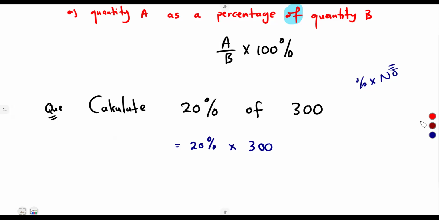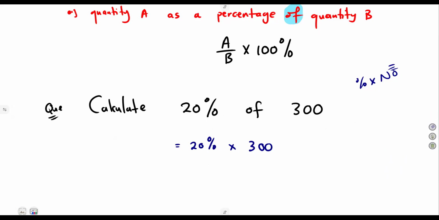Whenever you want to get rid of a percentage, divide by 100. Because remember, 100% is a whole. So it will be 20% over 100%. Percent cancels. So that is how you get rid of that percentage. You divide by what? 100.